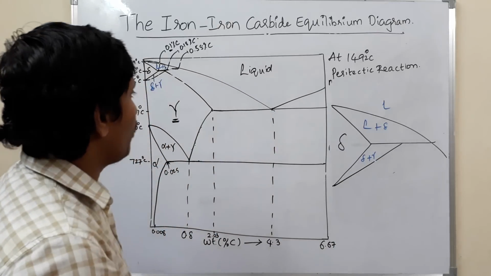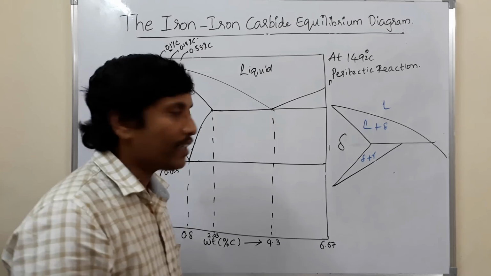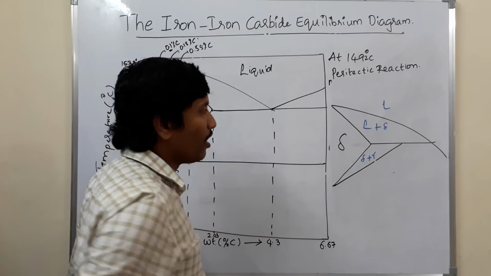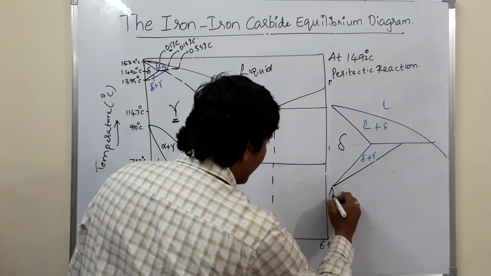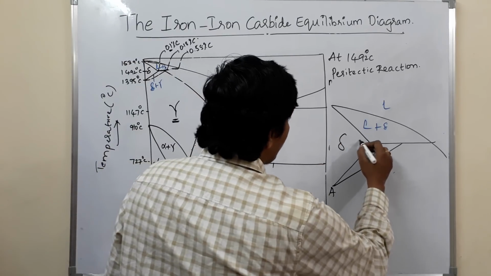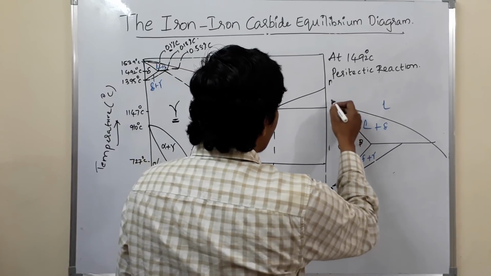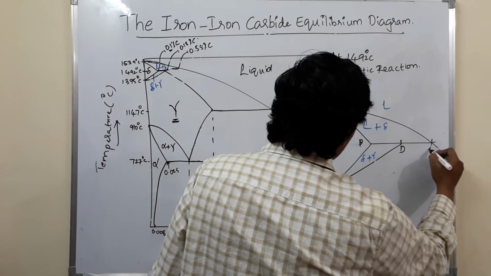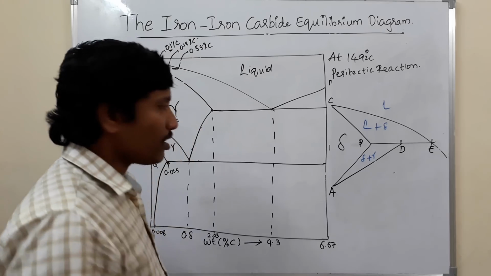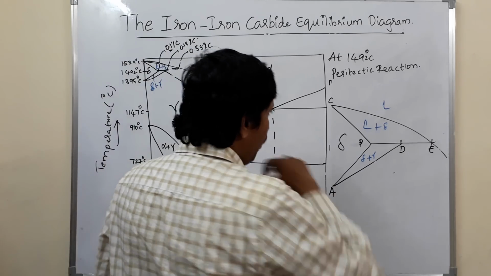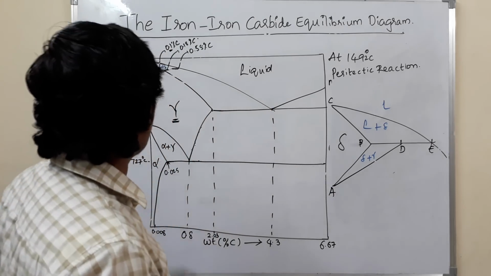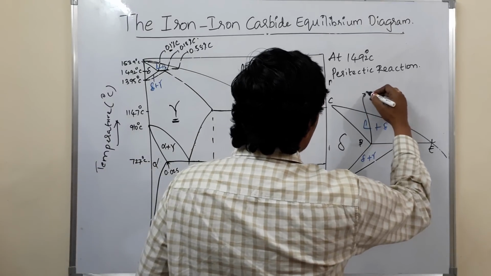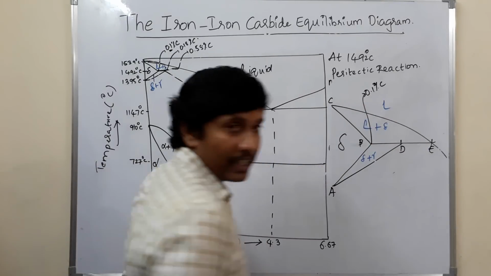To avoid the confusion, let us name the points on these lines. Let us say this point is A, this point is B, this point is C, this point is D, and this is E. As I mentioned, this point corresponds to 0.1 percentage of carbon.